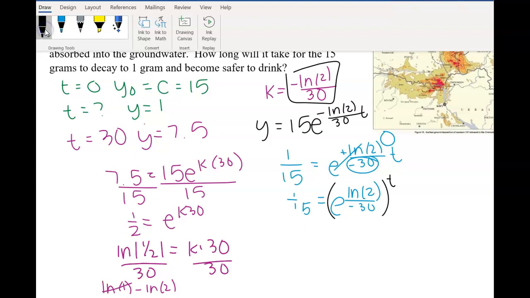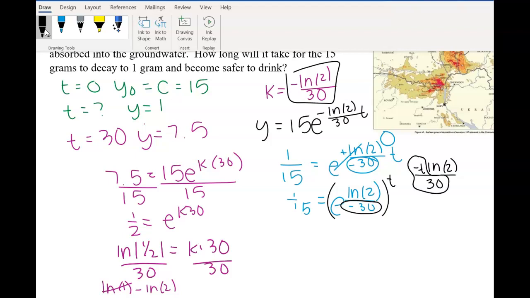For whatever reason, I wrote it like so, this is like a power to a power. And again, if you want to treat your constant with that, it makes multiplying easier down the road. So what I like to do is treat that ln of 2 and the negative 30 with the t.